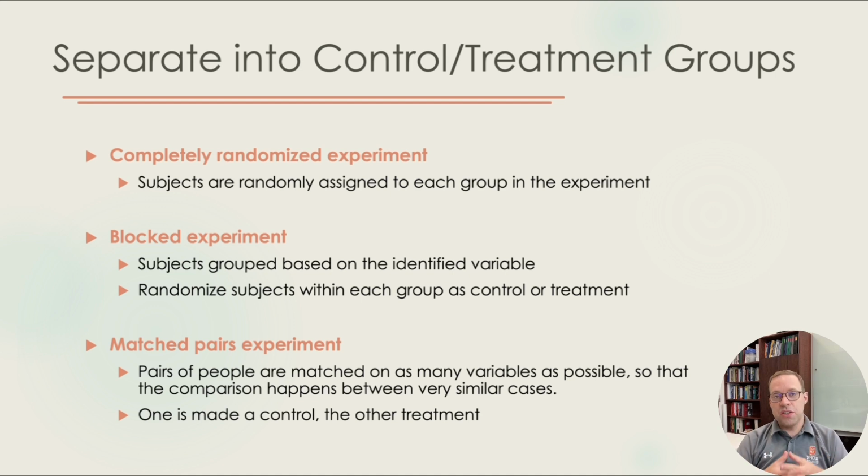Okay, a matched pairs experiment. This one's pretty cool, where you take two members of your population, or in this case, members of your sample, and match them together. This is done based on characteristic. You find two members that have very, very similar characteristics, and you match them together. And then you randomly select one to be in the control group, the other goes into the treatment group.